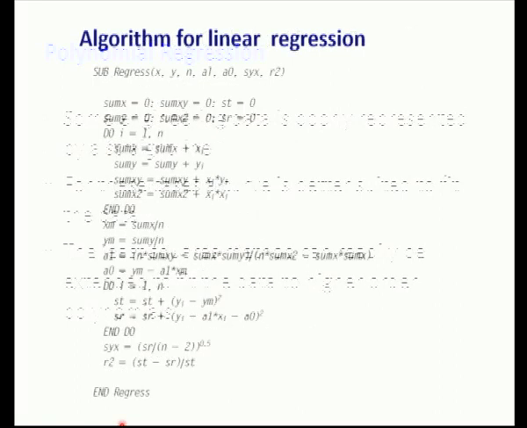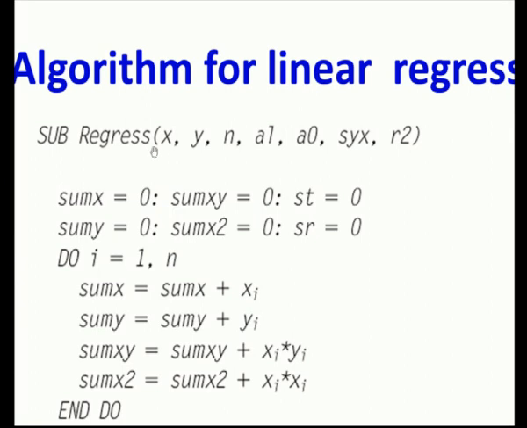One more clear explanation of the algorithm is the regression subroutine with x, y, data, n, where a1 is the linear term and a naught is the constant term.